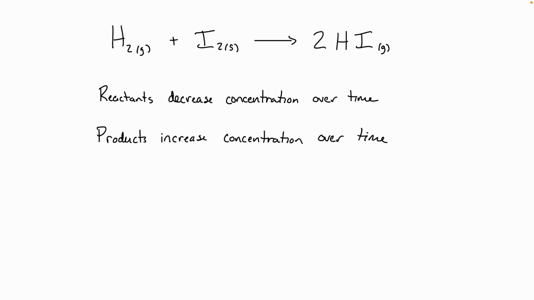When we're measuring the rate of our reaction, importantly, reaction rates are always measured as positive values. So I'm going to construct this expression for the rate of this reaction, and I'm going to keep in mind the fact that reaction rates are always positive.